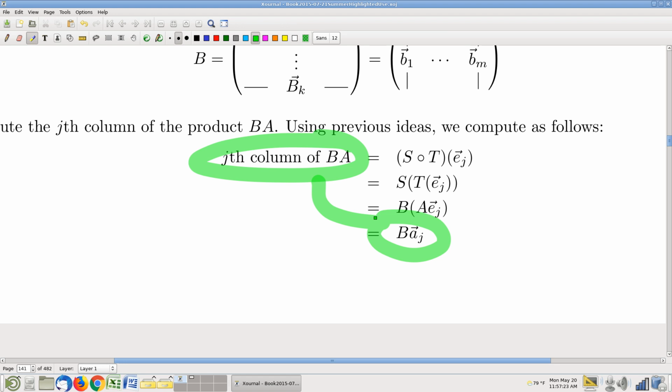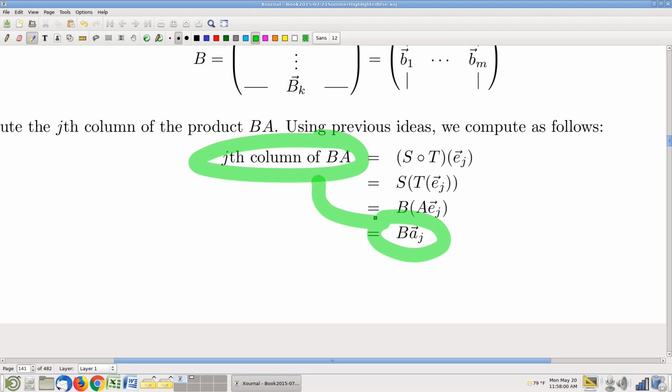Now let me say that again just a little bit differently. If we're looking for the jth column of this product, then inside of the right matrix, we pick the jth column of that right matrix to be our coefficients. So all together, a column of the product is a linear combination of the columns of the left matrix where I use the corresponding column of the right matrix as my coefficients.